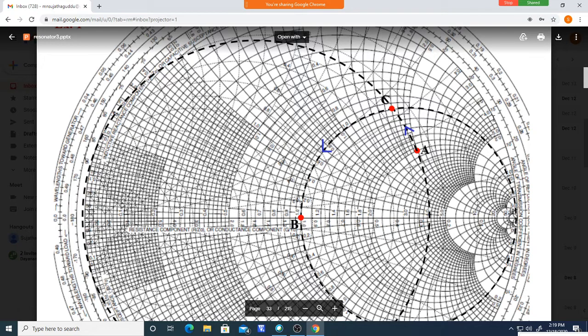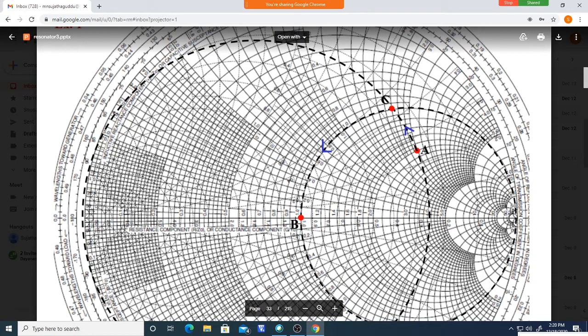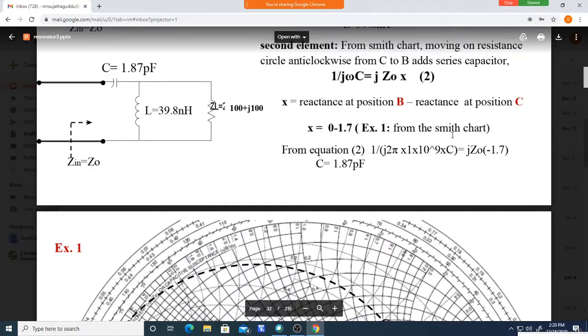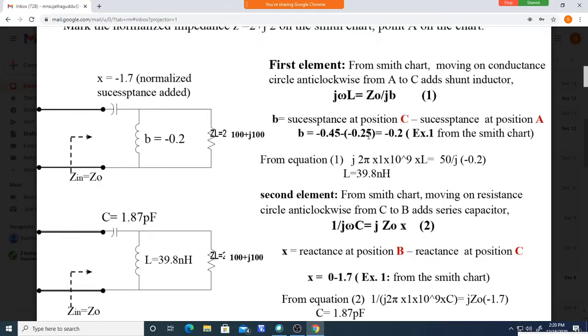So it is 0.25 here. If you draw one more circle parallel to this circle and this circle, it may be somewhere here. That value is in between 0.2 and 0.3. That is 0.25. Again it is negative, so minus 0.25.